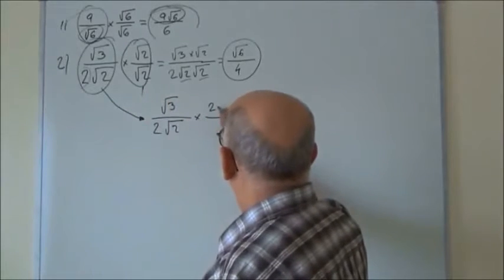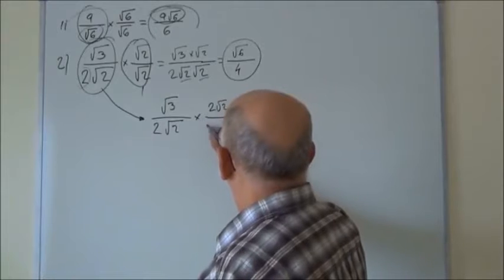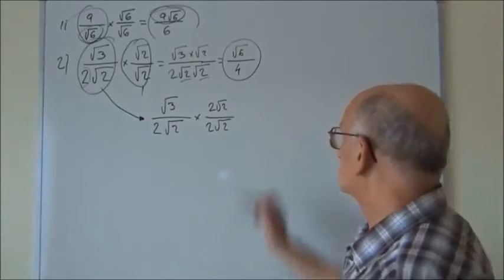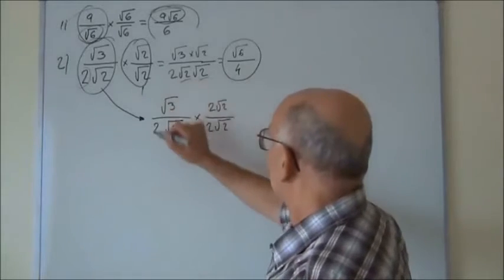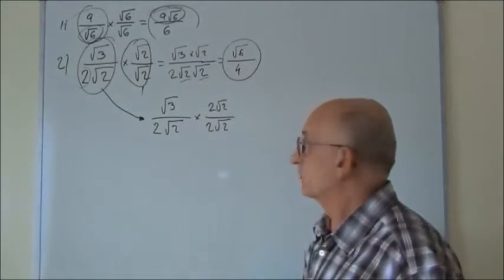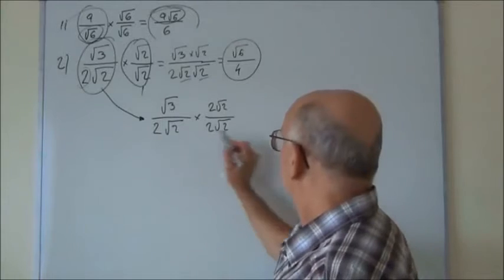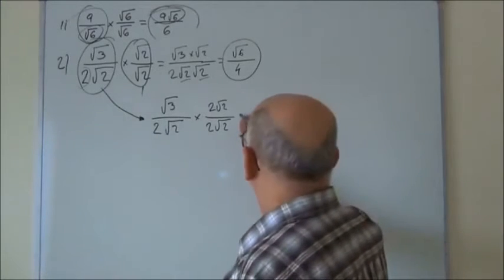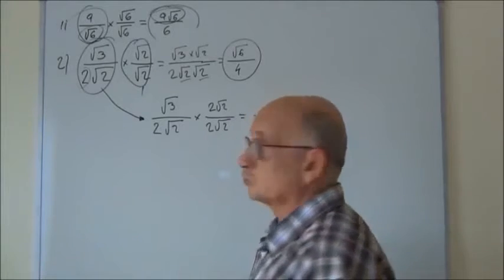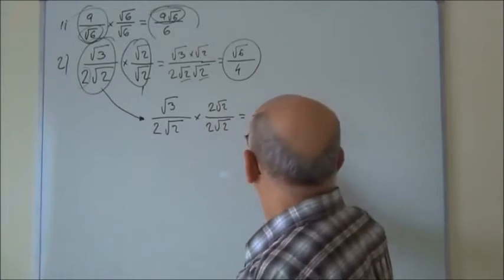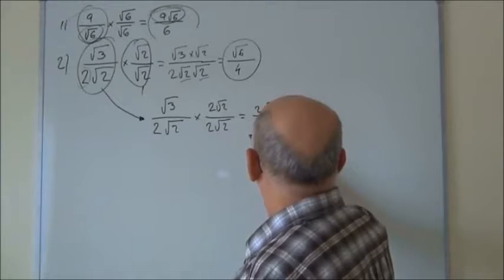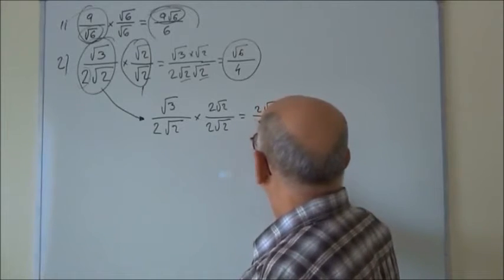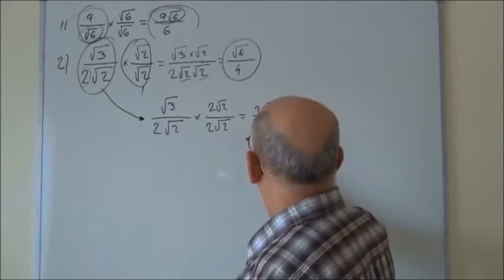They multiply by 2 root 2 on 2 root 2, which is correct anyway, still 1. You are not changing the value of your fraction, and you will definitely get rid of the square root in the denominator. But later on you have to simplify, because it will be 2 root 6, and here 4 times 2 will be 8.